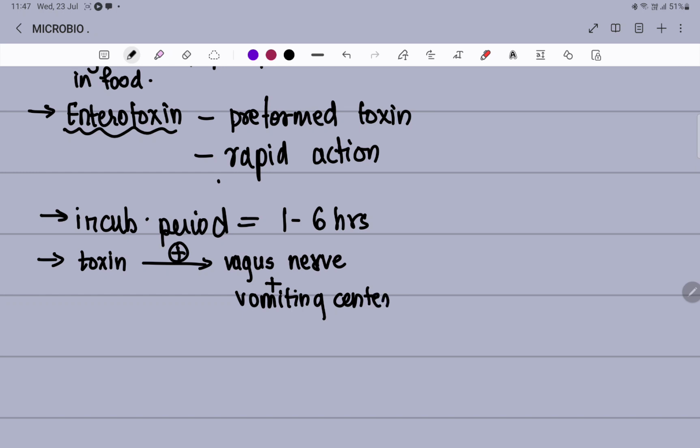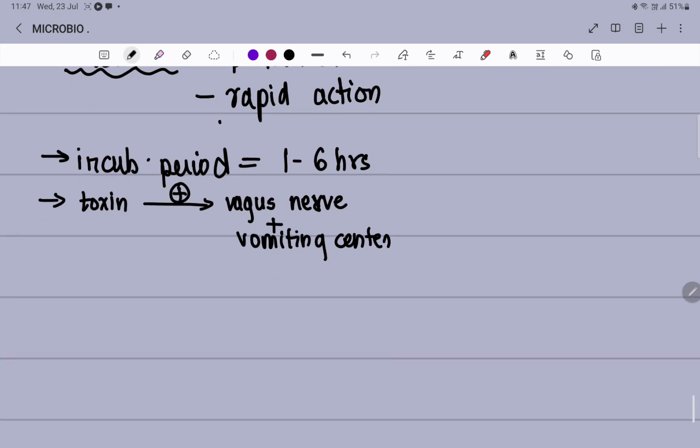So therefore, it causes vomiting along with diarrhea. How does it cause diarrhea though? It will stimulate the intestinal peristaltic activity.